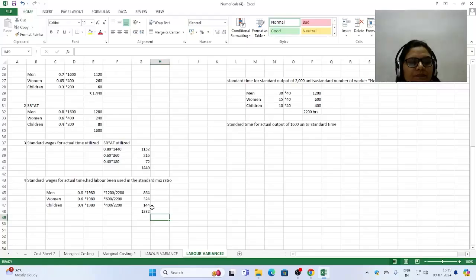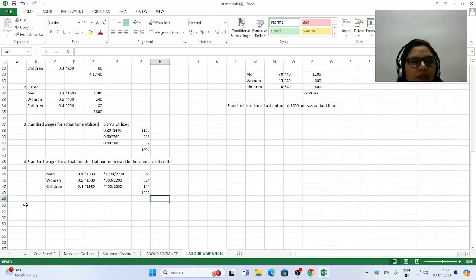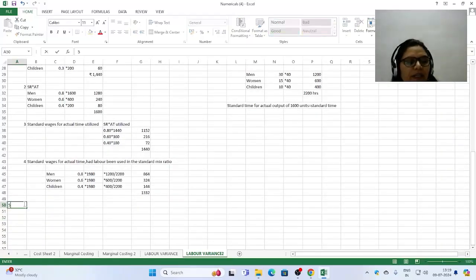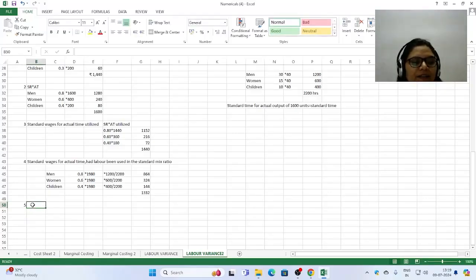Next, we need to calculate SR into ST. That is standard wages for standard time for actual output.